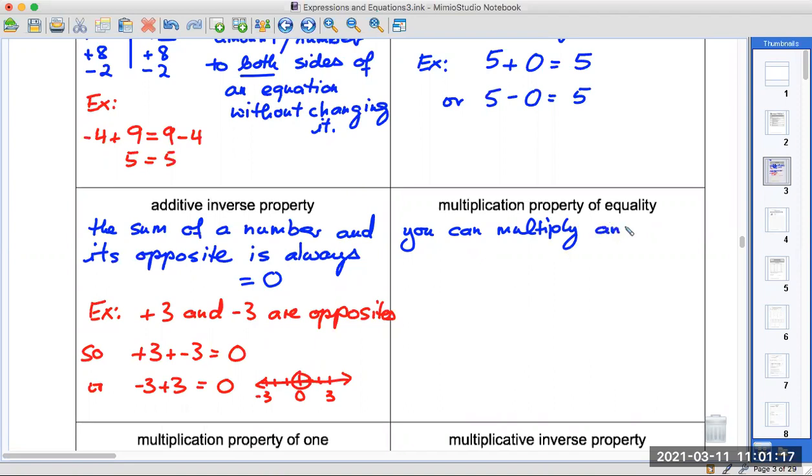You can multiply both sides of an equation, left side, right side, by the same number.